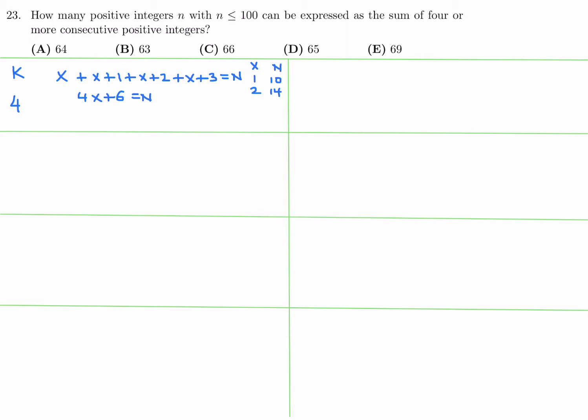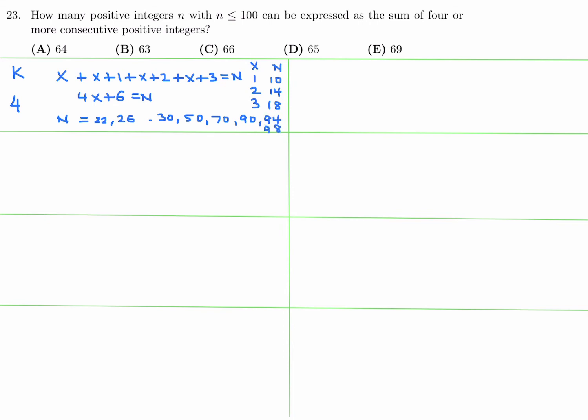So I'll just list the values for n: 14, 18, but then you'll also get 22, 26, and then it just keeps on going, 30. I'm just going to write in, not all of them, but just some of them to illustrate somewhat of a pattern. 90, and then in the end we get the last two, which are 94 and 98.